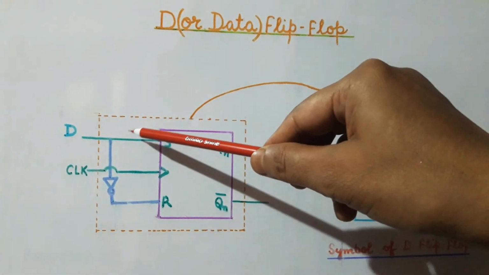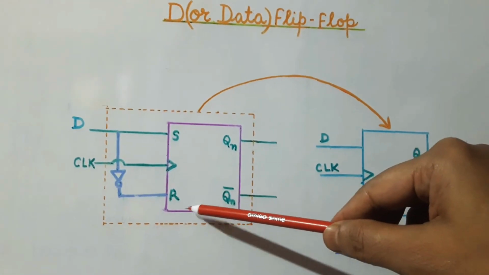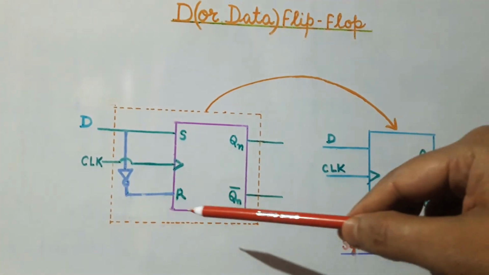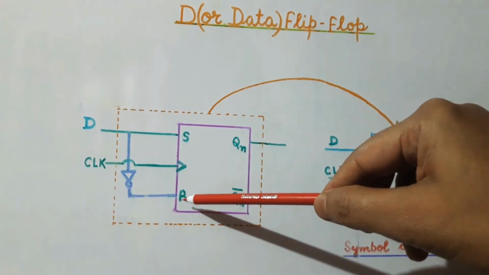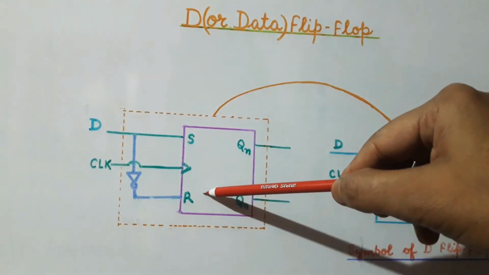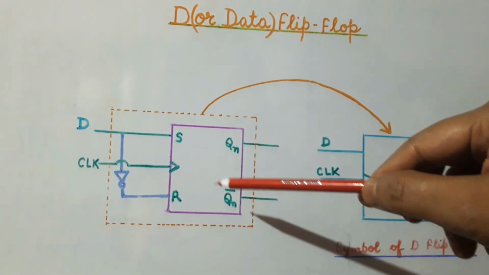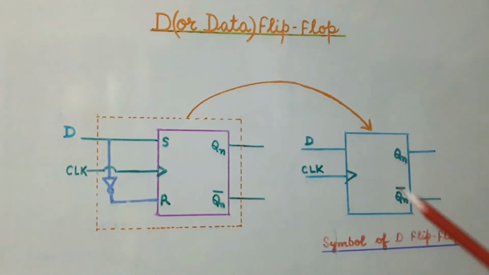Similarly, when the value of D is 1, the value of S will be equal to 1 and the value of R will be equal to 0. So we find that we only need a single input, that is D, to get the other input. We will just complement it. This is what we are doing here to obtain our D flip-flop by using the SR flip-flop.